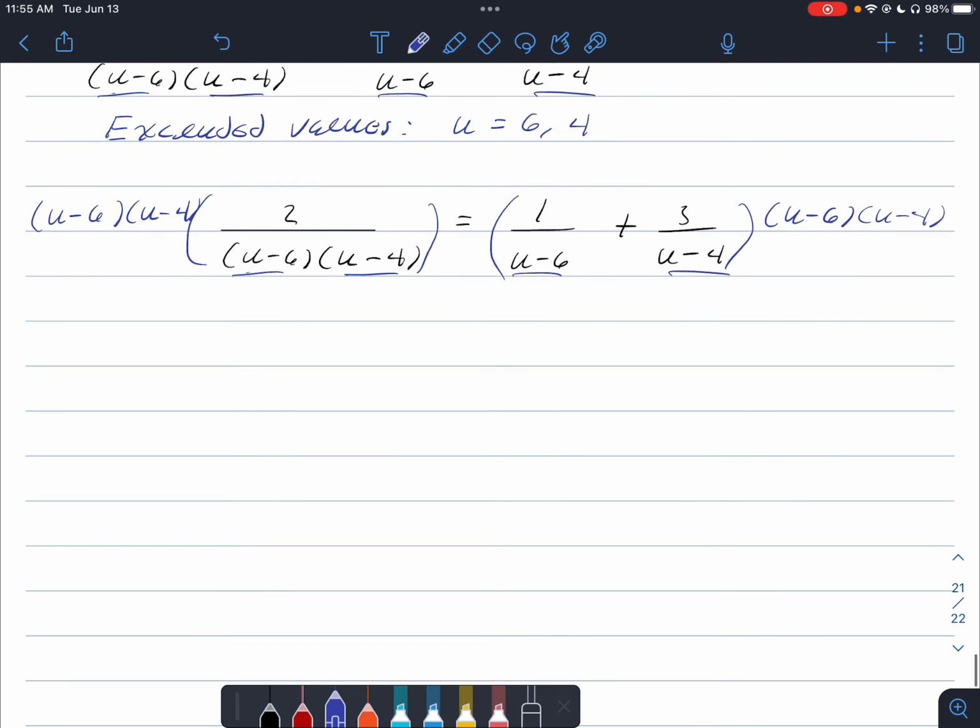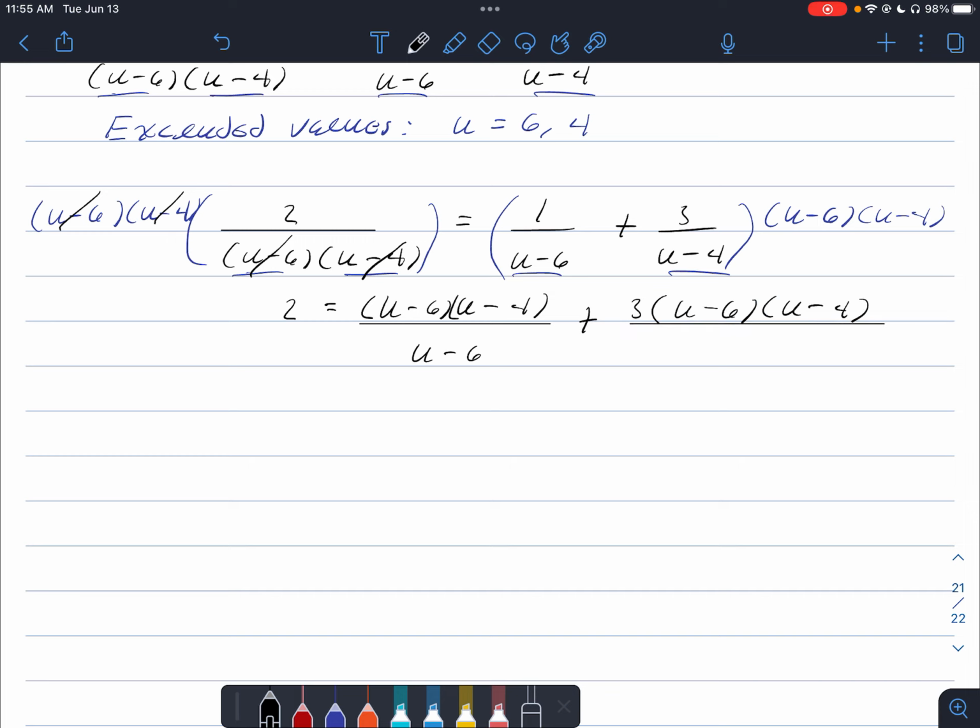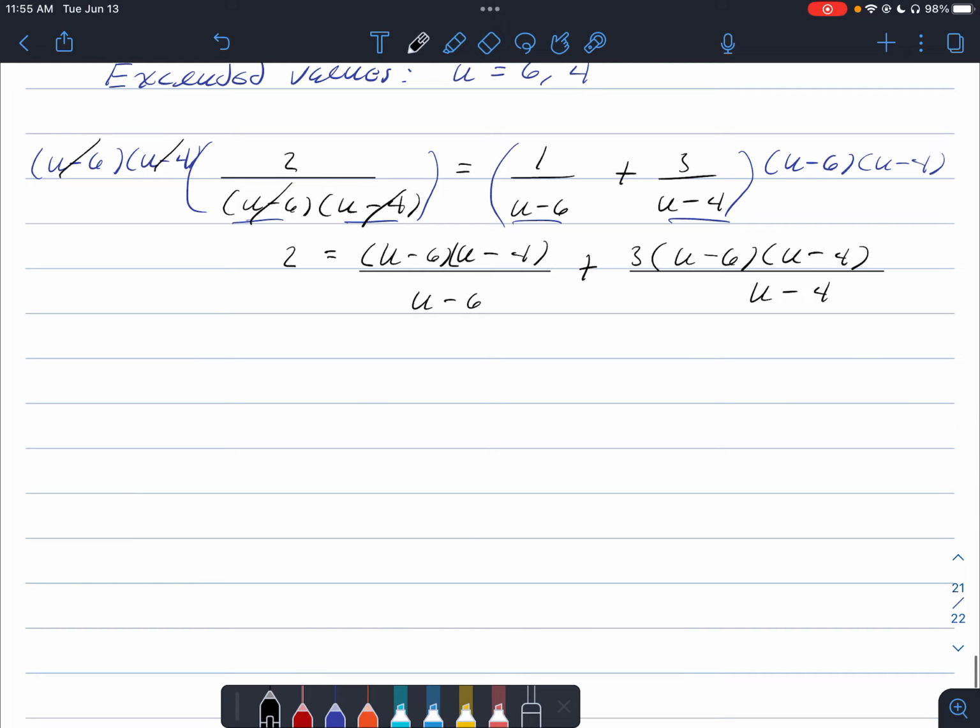Everything cancels on the left-hand side, so again we'll have 2 is equal to, on the right-hand side, once we distribute u minus 6 and u minus 4, u minus 6 times u minus 4 over u minus 6 plus 3 times u minus 6 times u minus 4 over u minus 4.